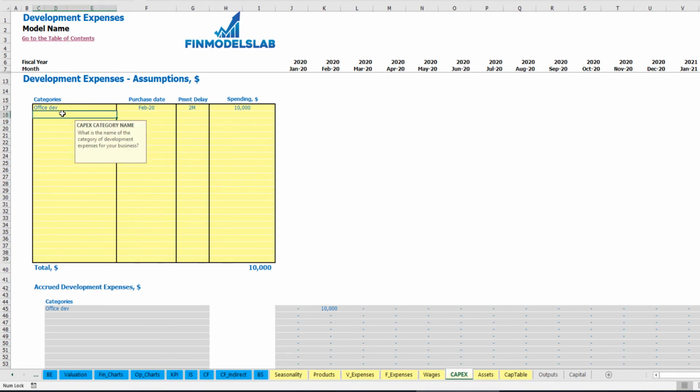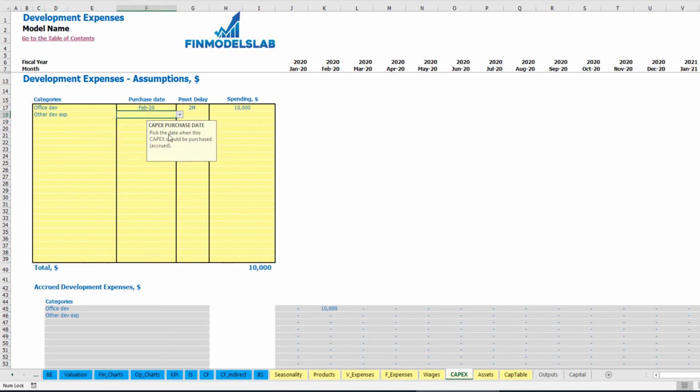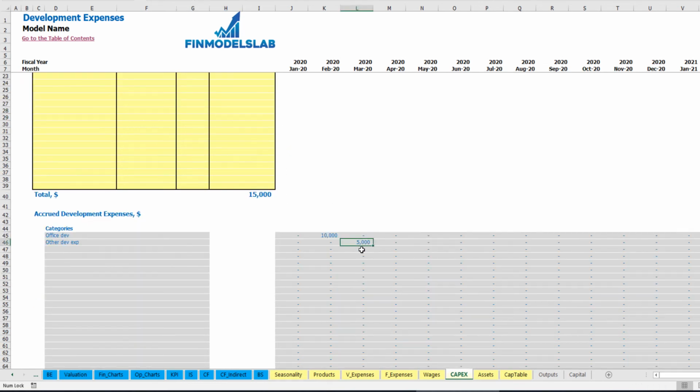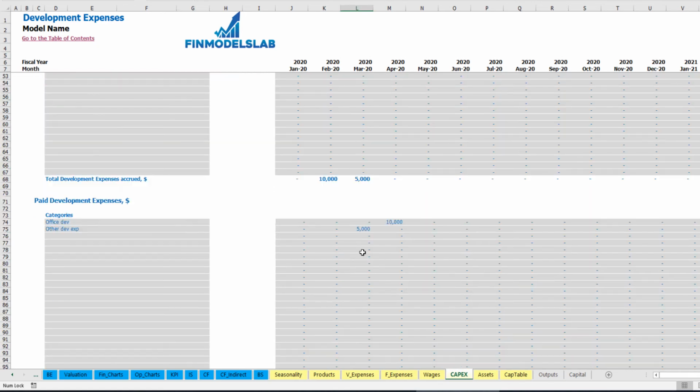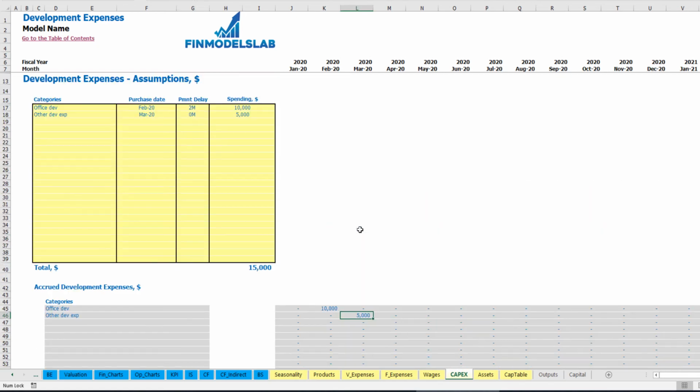Let me give you another example. Other development expenses. Let's say March 20, $5,000. With 0 payment delay. This means that this amount is accrued in March and paid in March as well.